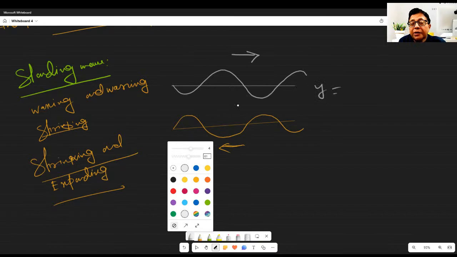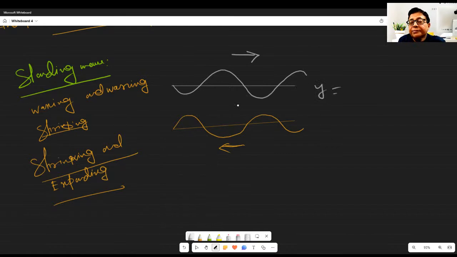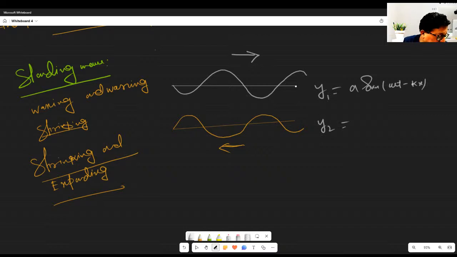This one is y equal to what? A sine, remember it, I hope, and they are of equal wavelength and amplitude. Then only a standing wave will be produced. This is y1, and y2 you take A sine, right to left.